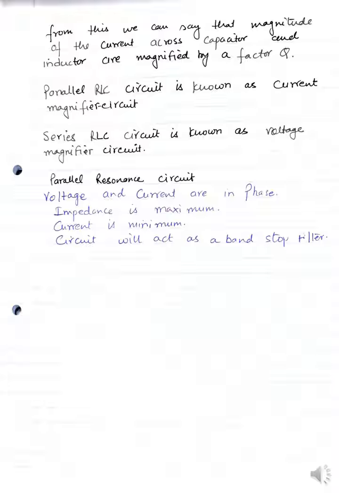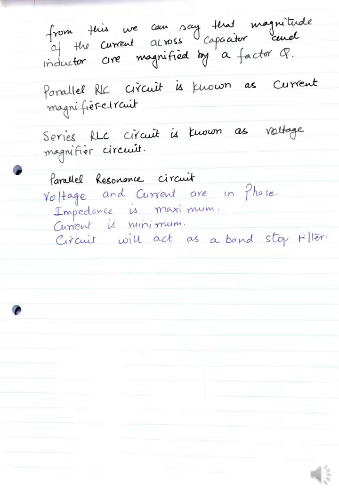Series RLC circuit is known as voltage magnifier circuit. So in parallel resonance circuit, voltage and current are in phase, impedance is maximum, current is minimum. It will act as a band stop filter or band reject filter.